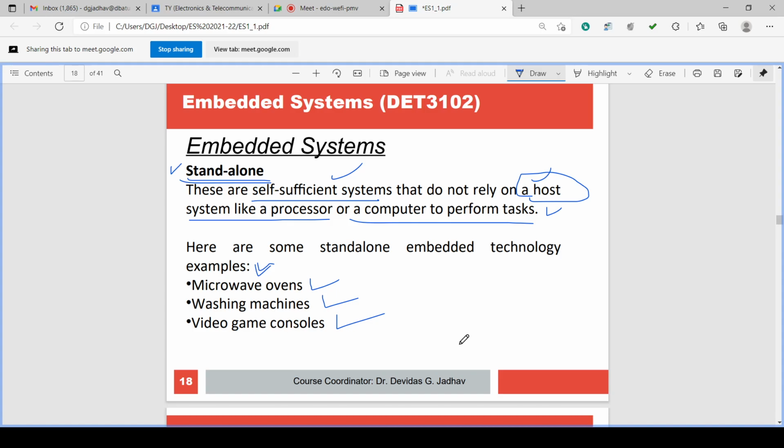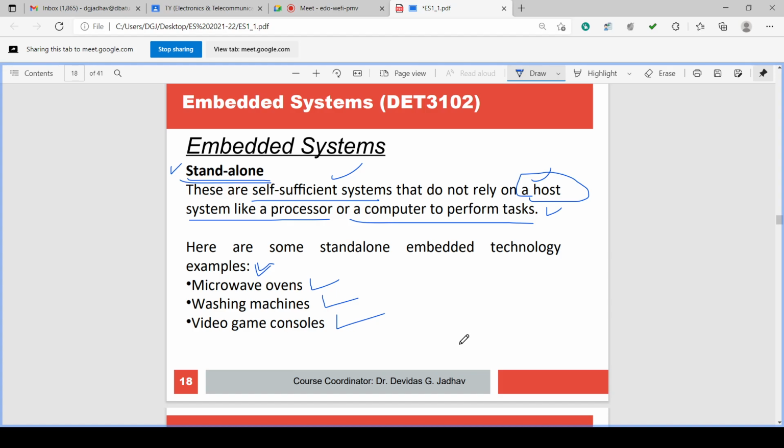Video game console is similar. If it is a console, it is standalone. But if it is online, it is not standalone. Similarly, microwave ovens, washing machines and refrigerators can be networked nowadays, isn't it? If you are using AI, those machines also require networking.